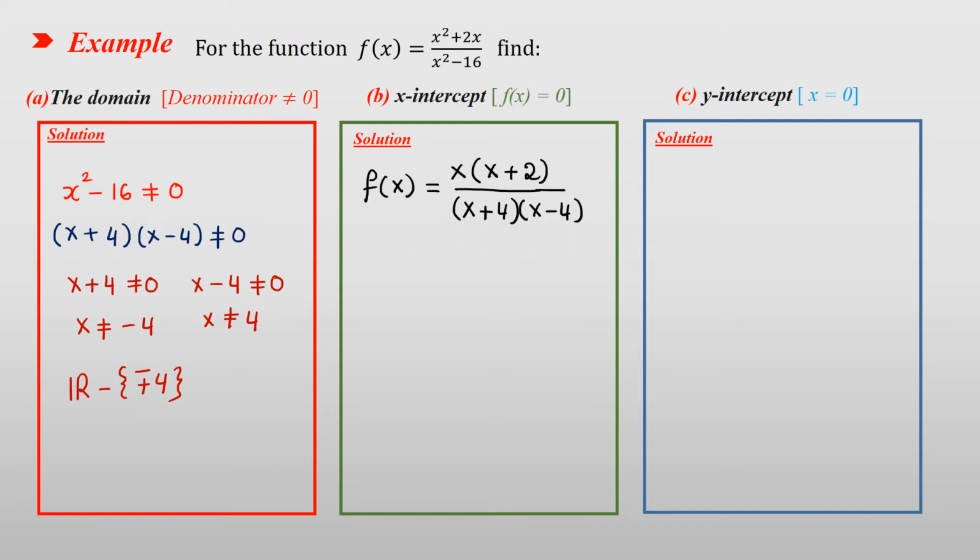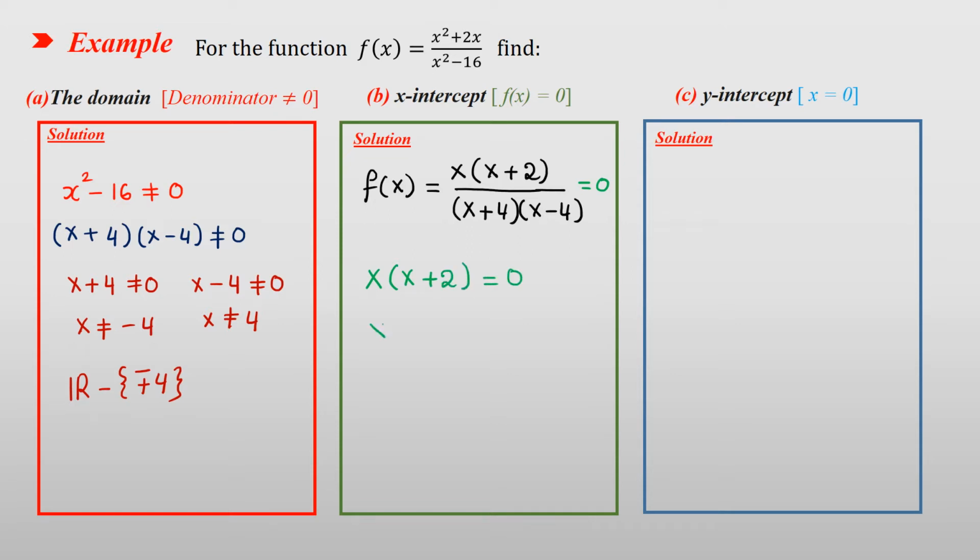Next, there is nothing in common between numerator and denominator, and since x-intercept means that this function equals 0, it means the numerator equals 0. So we have x multiplied by x plus 2 equal to 0.